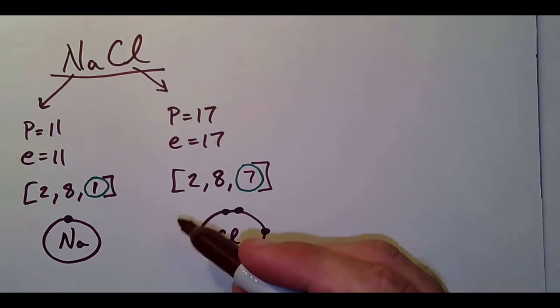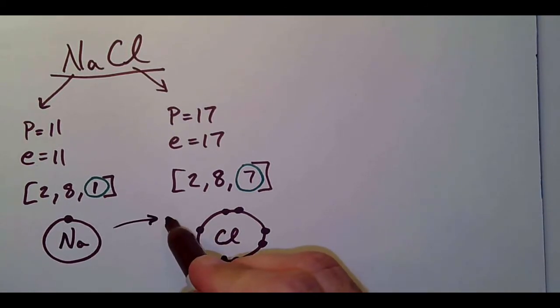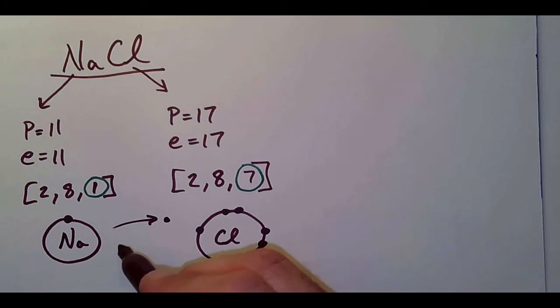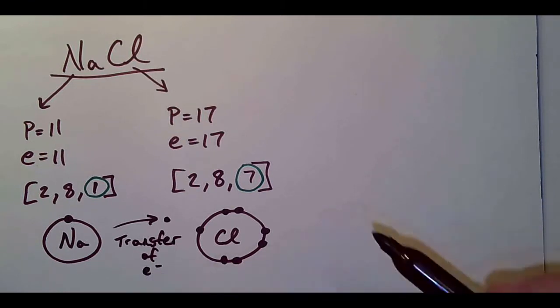One thing that we'll see that happens here is sodium can just kick off this electron. Donates an electron over to another atom that might need one. So we've got a transfer here of an electron.